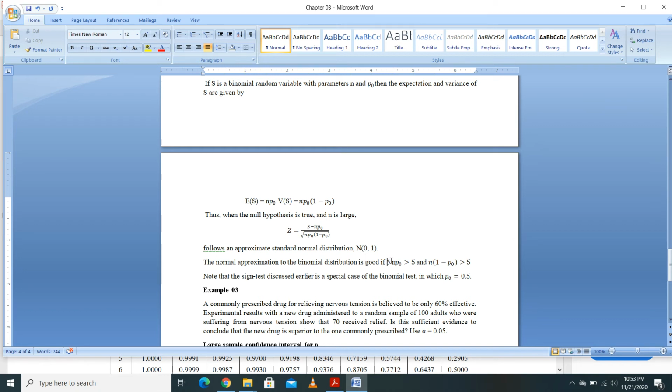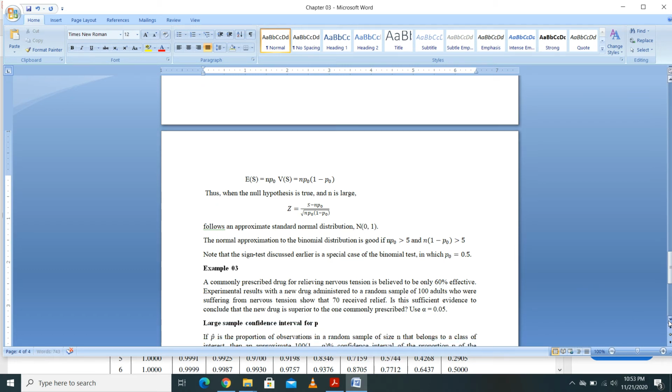One condition is you can just check whether n p naught, that is the sample size multiplied by the given proportion value that we are going to test, is greater than 5, and n into 1 minus p naught is greater than 5. Then we can apply the large sample approximation. Right?